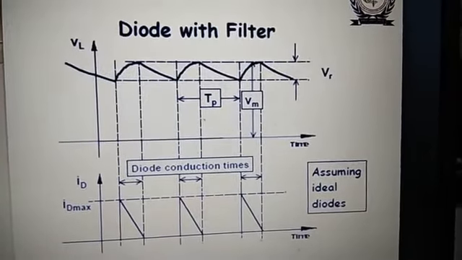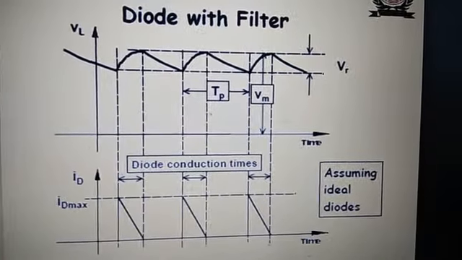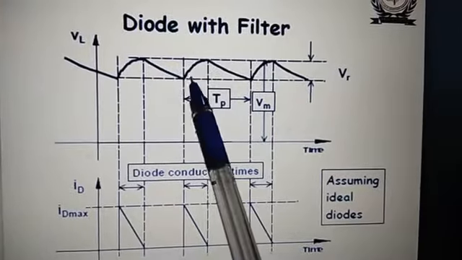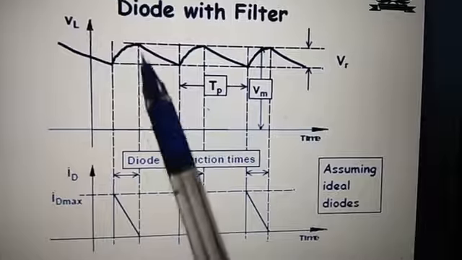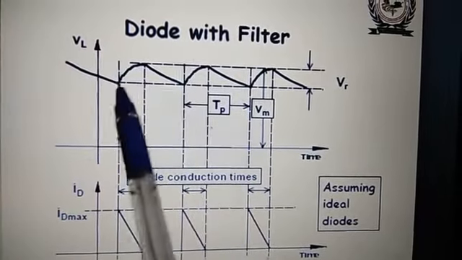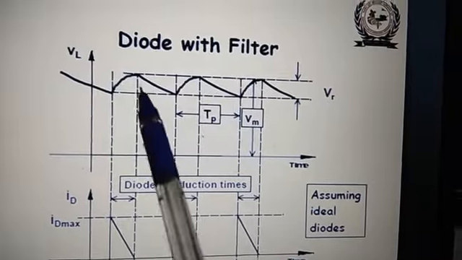Then the diode with filter. This is the output shown for the diode. How it works: this is the output of the filter circuit, time and peak value. In this figure you can see the output across the load with the capacitor will be like this. So what happens?